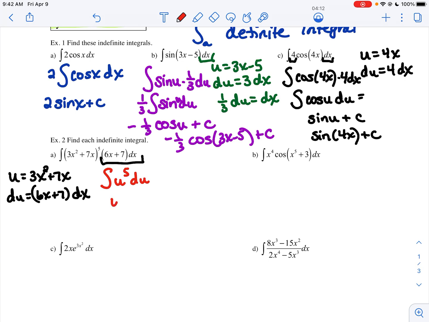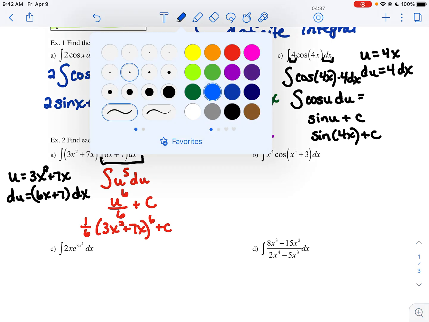So when I integrate that, you increase the power by 1, divide by the new power, and you add your arbitrary constant c. Now you can either leave it over 6 or pull that out as 1/6, and it'll be 3x squared plus 7x to the 6th plus c. Okay, final answer.